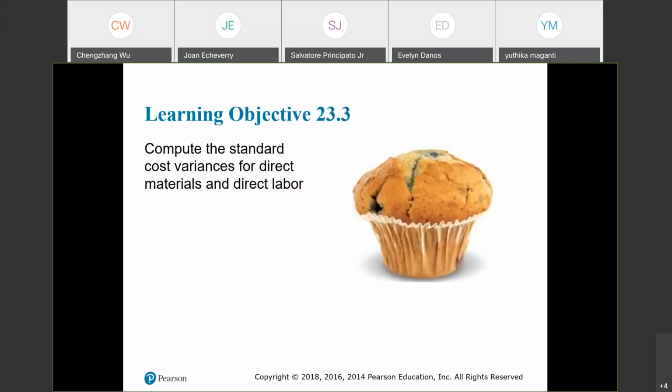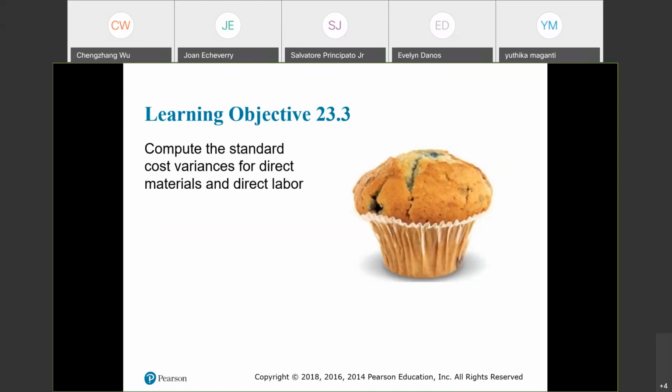So in the last class, we looked at the variance of the material and labor cost. Both variances, as I said, result from two parts, cost variance and efficiency variance.